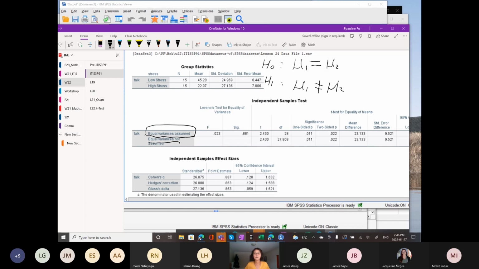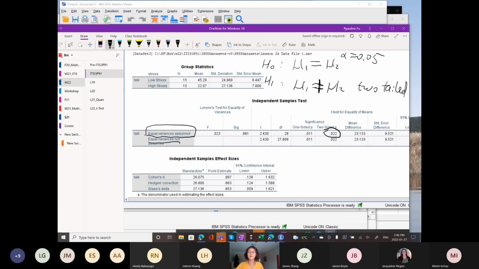We assume the two population variances are the same. If we assume that, we look at the p-value here, depending on whether it's one tail or two tail. In my case, because I said not equal, I should select the two-tailed test. If you have not equal, that is the indication of a two-tailed test. Now, alpha always uses 0.05 in this class, unless specified otherwise.